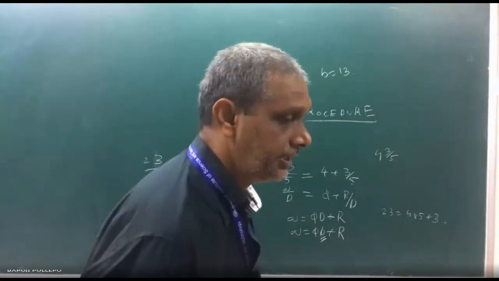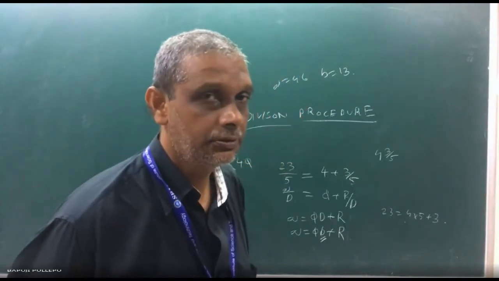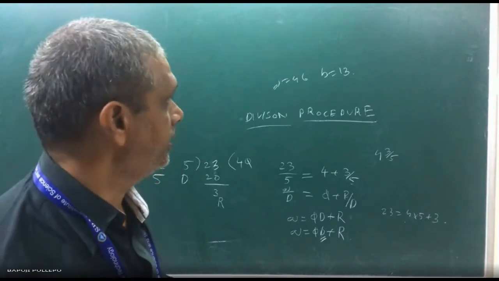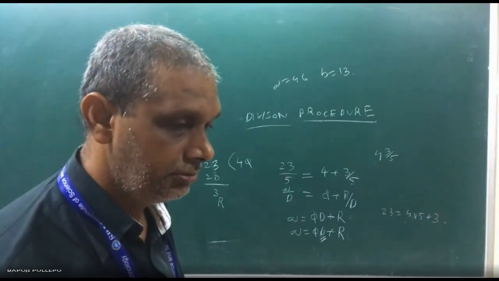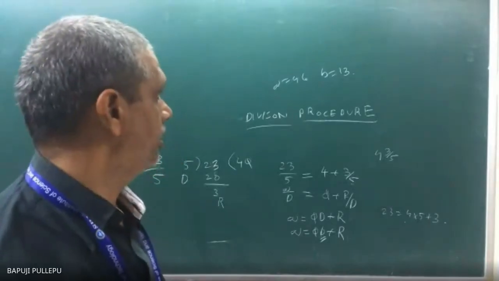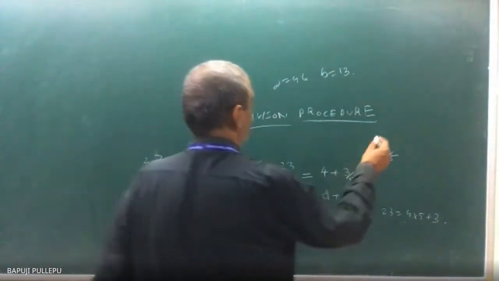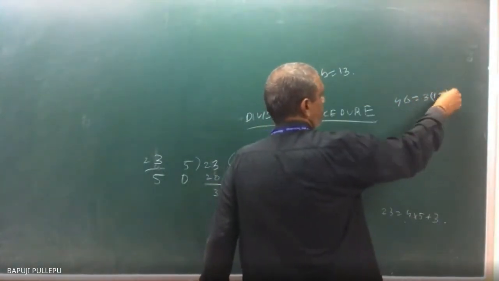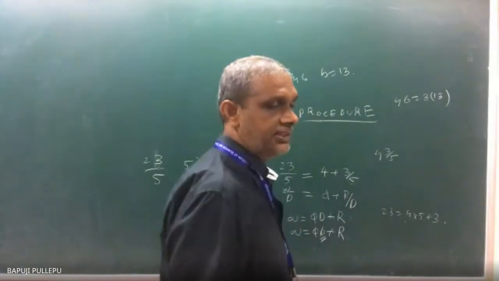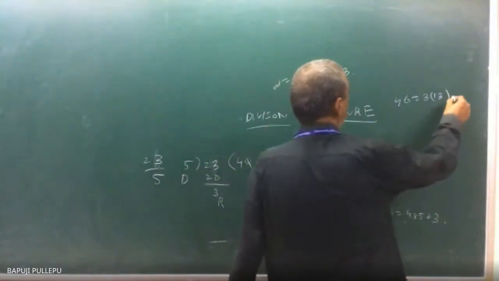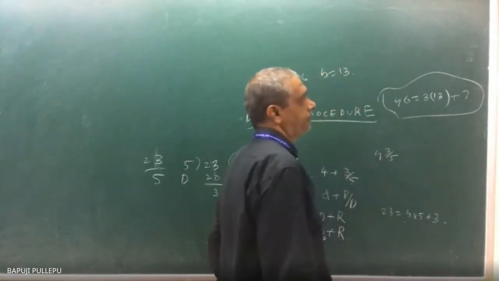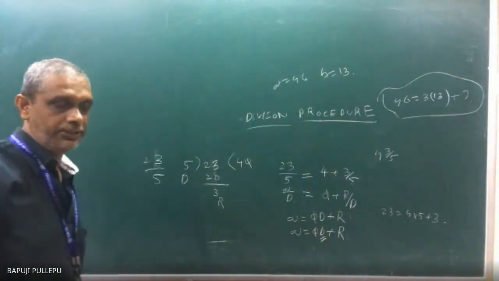Find what the quotient is, then what the remainder is. How many times will 13 go into 46? 3 into 13 plus 7. So 46 is 3 times 13, which is 39. The balance is 7. This is the divisibility theorem.